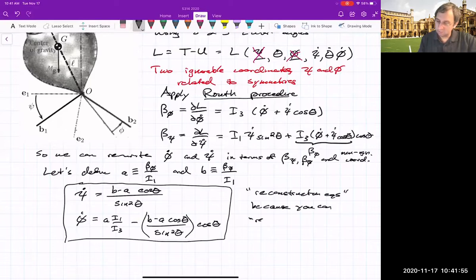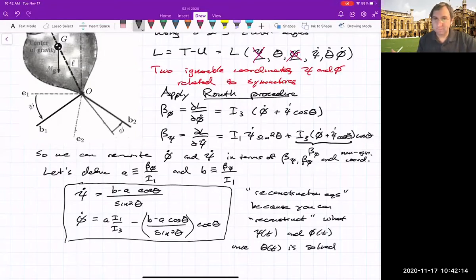Because you can reconstruct, it's not like important for the main dynamics, but you can reconstruct what psi as a function of time is and phi as a function of time once theta as a function of time is solved. And this is also based on initial conditions. Beta phi and beta psi depend on these initial conditions for psi dot and phi dot. So you would need to know your initial conditions as well.